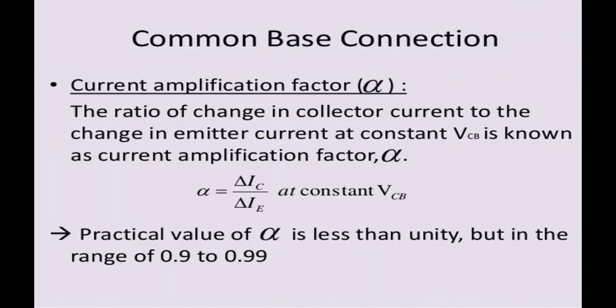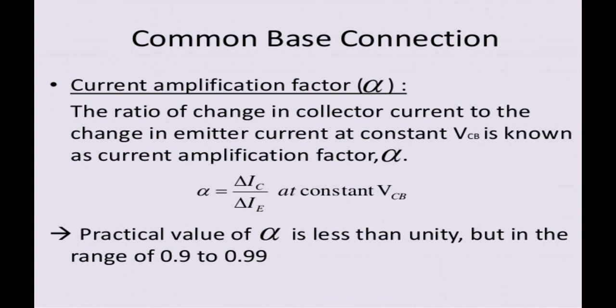In the common base connection, the current amplification factor alpha is the ratio of change in collector current to the change in emitter current at constant collector-base voltage. Another definition: the rate of change of collector current with respect to emitter current at constant collector-base voltage is known as alpha.